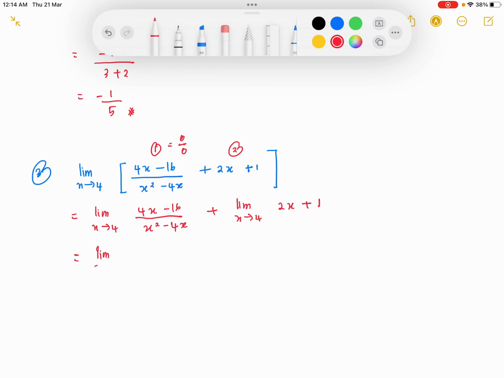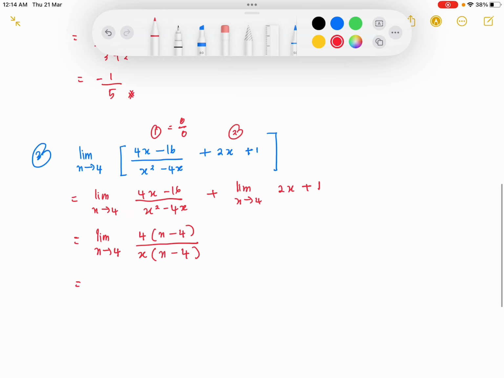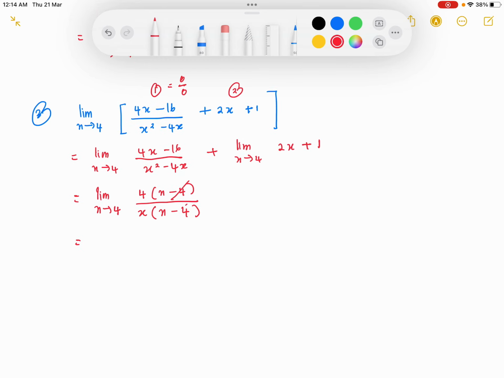So limit x approaches 4, factorize the numerator: we can factor out 4 times x minus 4 over, and then in the denominator we can factor out x times x minus 4. So here we can cancel out x minus 4. So we get a new function, 4 over x, and then the last step, substitute: 4 over 4 equal to 1. This is the final answer.